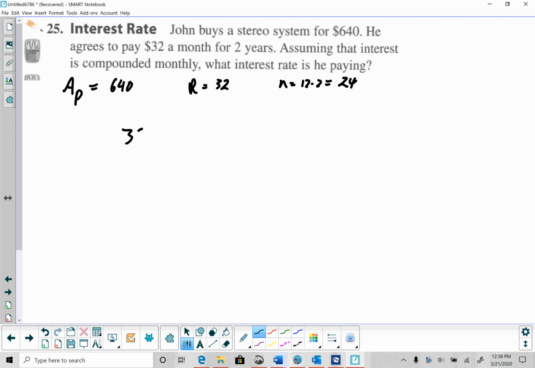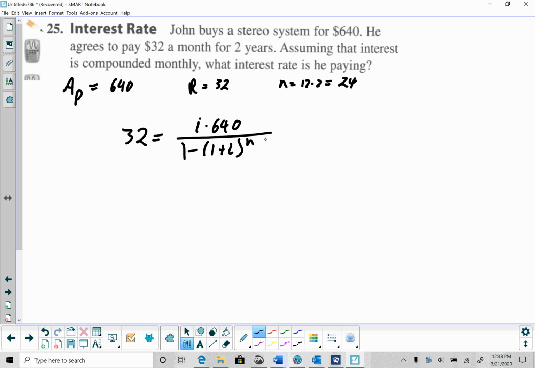So 32 is equal to the interest that we don't know times the principal, or sorry, the amount of present value over 1 minus 1 plus I to the n power.